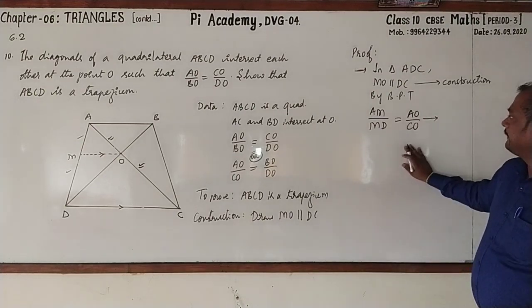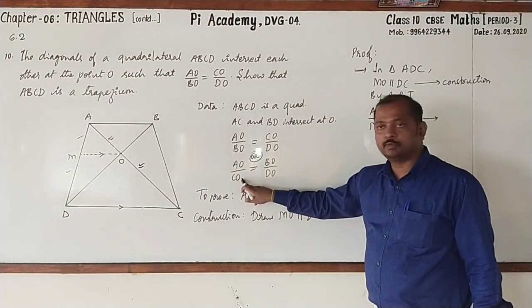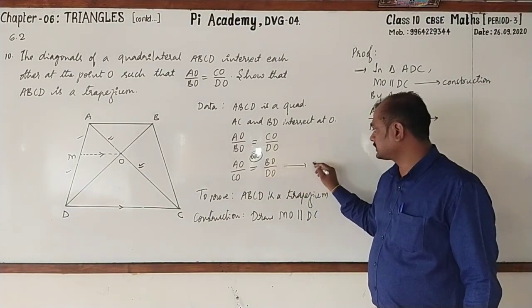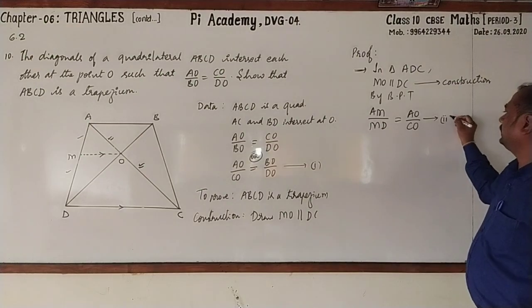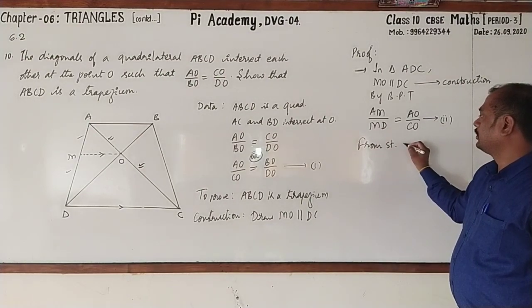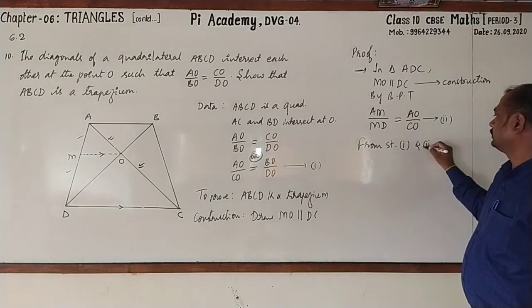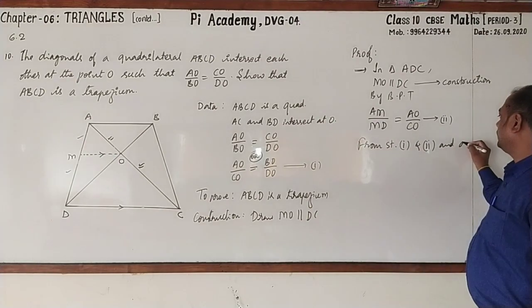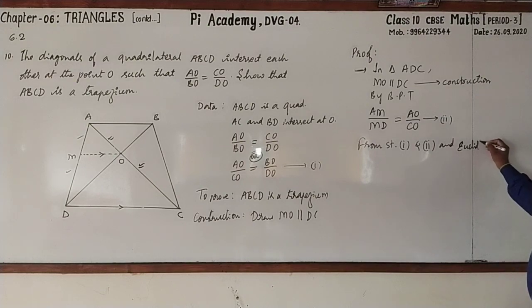Observe here. We also have AO by CO is there. So I call this as statement 1 and this as statement 2. See that from statements 1 and 2 and Euclid's axiom, how do you write?